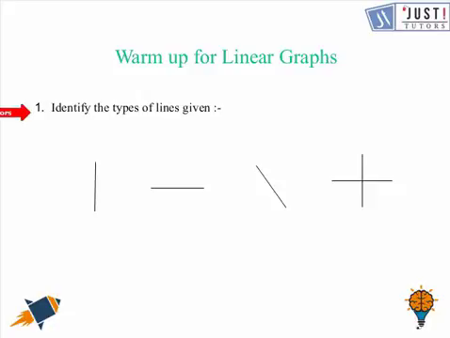So in this question, we have to identify the types of lines given. Starting with the first one, as we can see, it goes up and down, so it is called a vertical line. The next one is left and right, so we also call it a horizontal line.